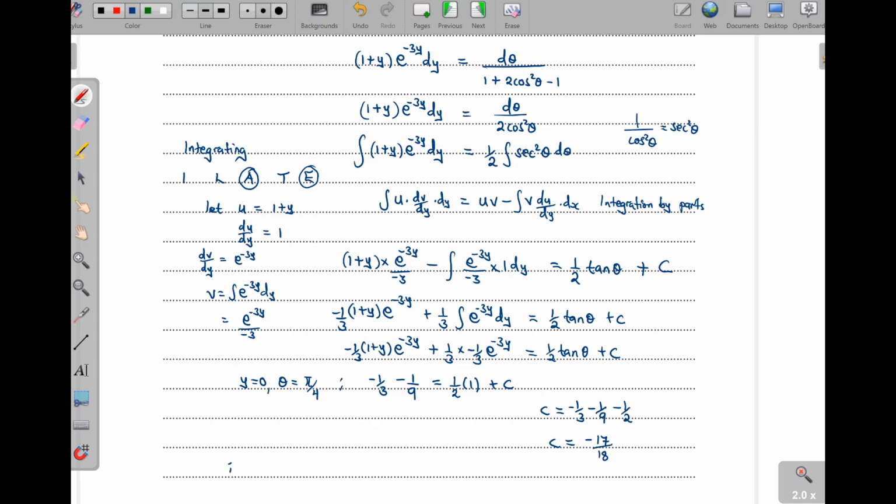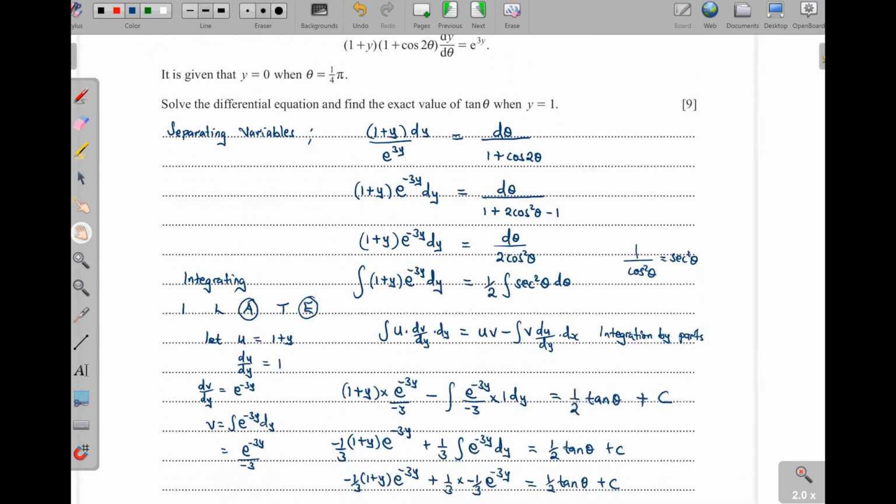So this therefore implies that we are having our particular solution as negative a third, then 1 plus y, and then e to the power of negative 3y, then minus 1 out of 9, then e to the power of negative 3y, then this one is equal to a half, then tan of theta, and then minus 17 out of 18.